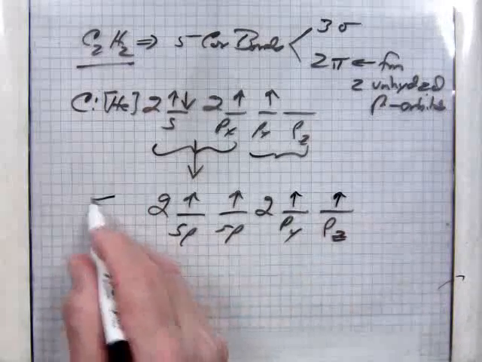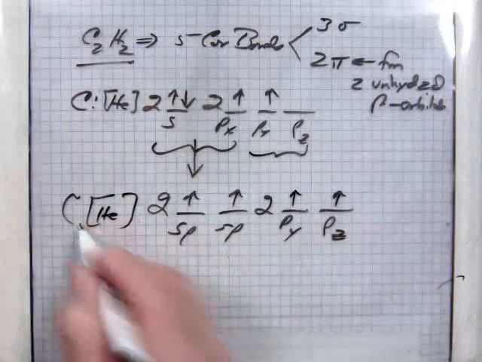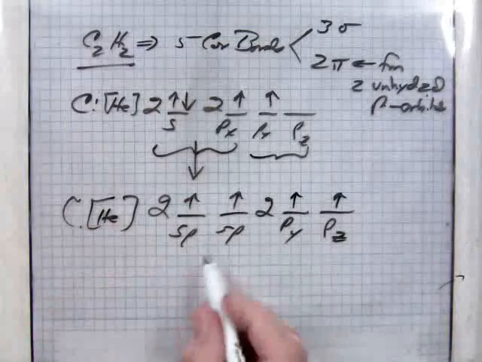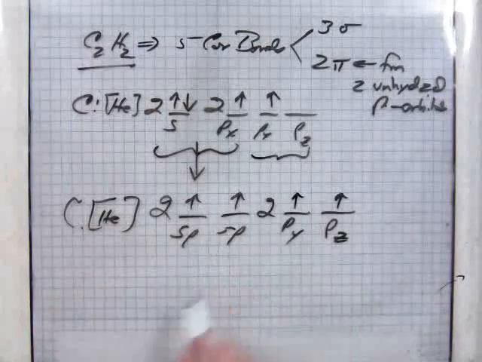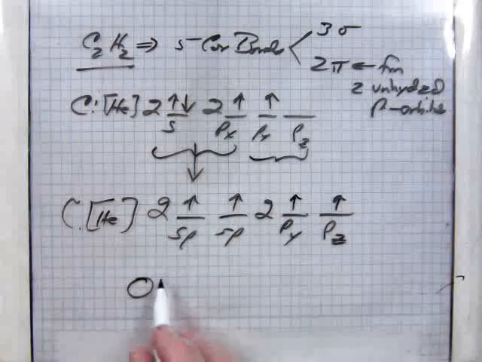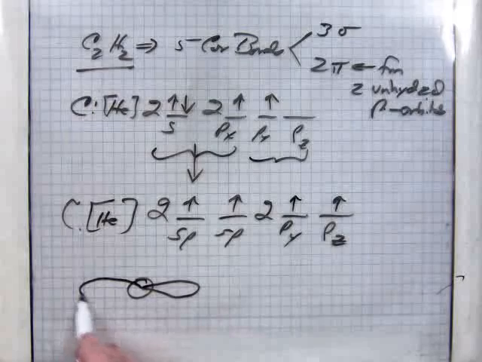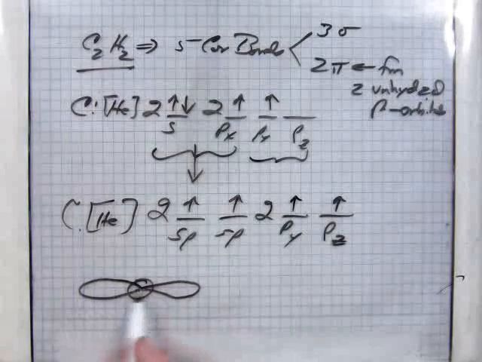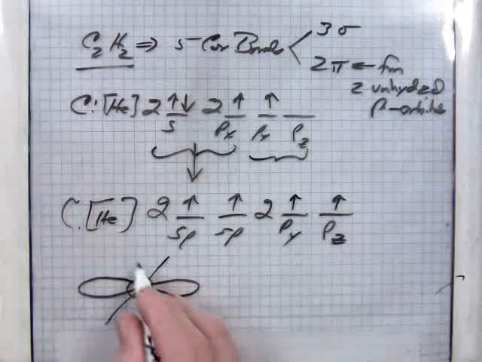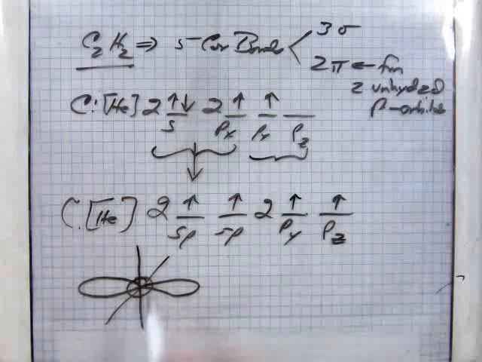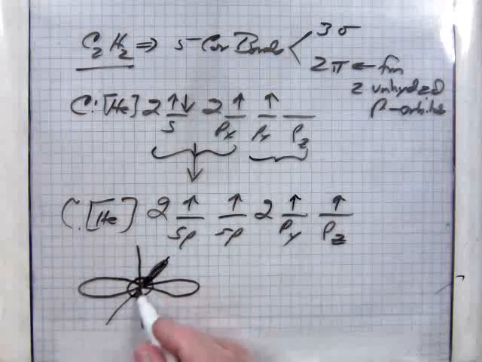That, and then of course your core, and that's your carbon. But these hybrids right here will form a linear structure. There's your carbon, but it also has 2 unhybridized p orbitals.